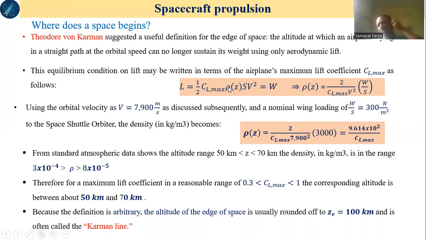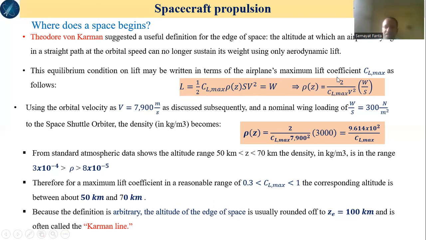Because density varies with altitude, it is the density as a function of altitude times the surface area of the aircraft times the velocity squared, which equals the weight. Lift equals weight for level flight from the aircraft design perspective. Weight equal to lift means the maximum cruising level flight condition.